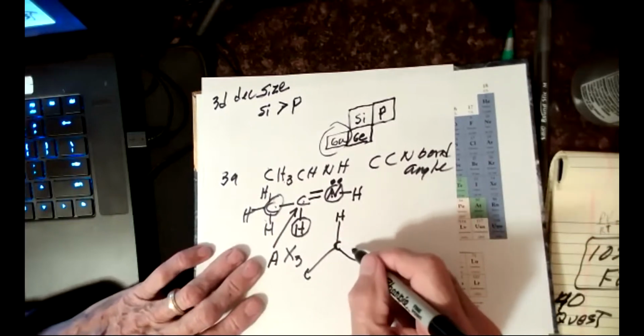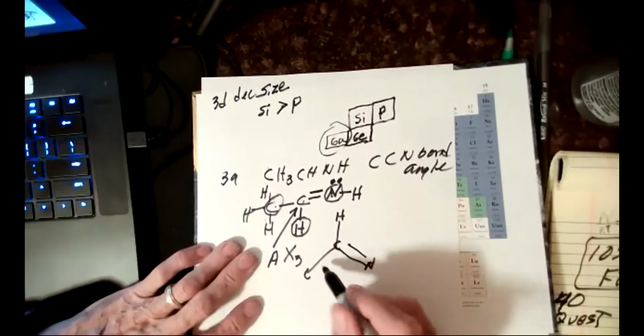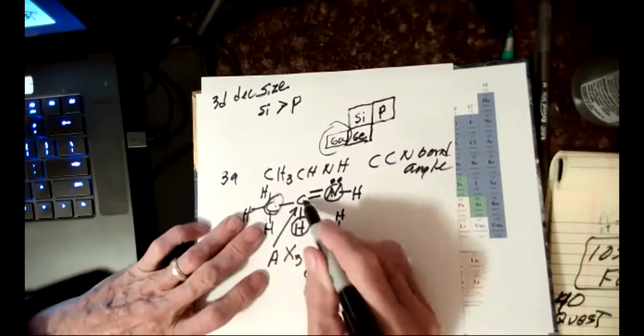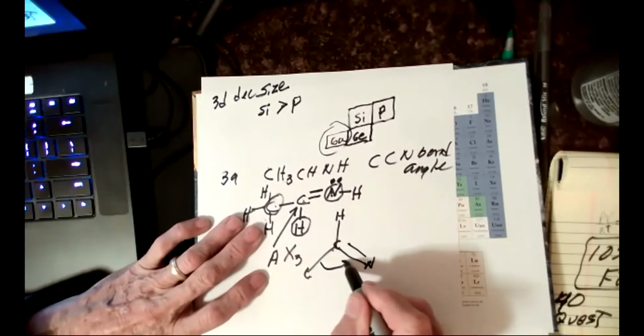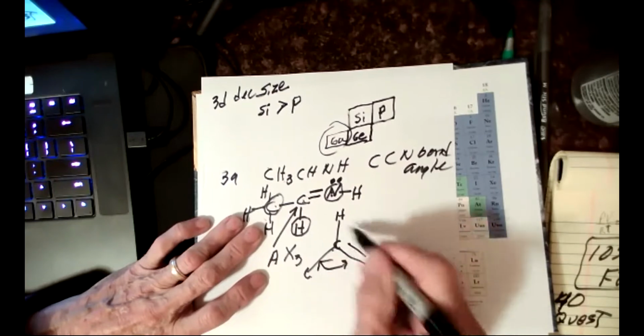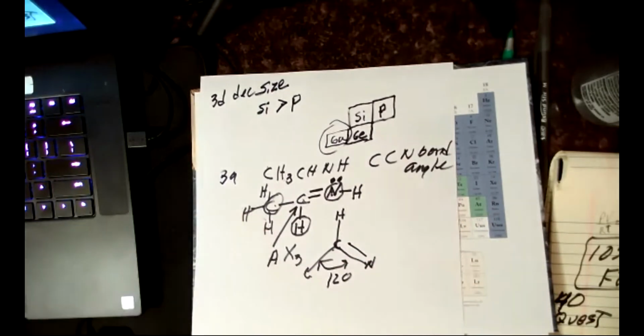And this is the bond we're talking about. But the angle we wanted was the CCN bond angle. CCN bond angle was this one. All these 3 angles are 120 degrees. So the answer to that one is going to be whichever one has got 120 degrees as the answer. That is the answer.